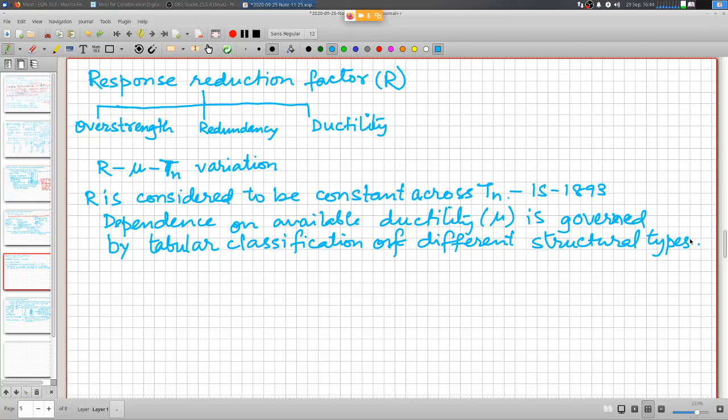With increasing height, the natural period will keep on increasing. So even for the same structural type, if you change the height, the natural period will change. R is still kept constant, primarily to avoid confusion and minimize complexity of the code such that it can be implemented correctly and interpreted unambiguously.